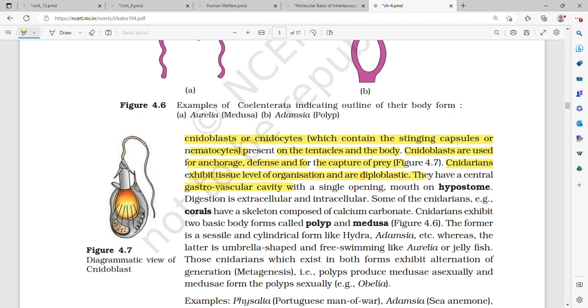They have a central gastrovascular cavity with a single opening, the mouth on hypostome. Digestion is extracellular and intracellular. Some cnidarians, corals, have a skeleton composed of calcium carbonate. Cnidarians exhibit two basic body forms, polyp and medusa, like Hydra, Adamsia, whereas we'll do this part in the next day.